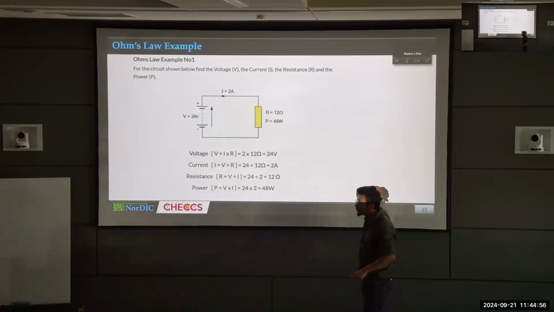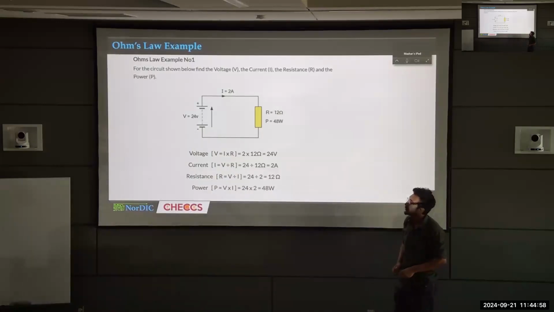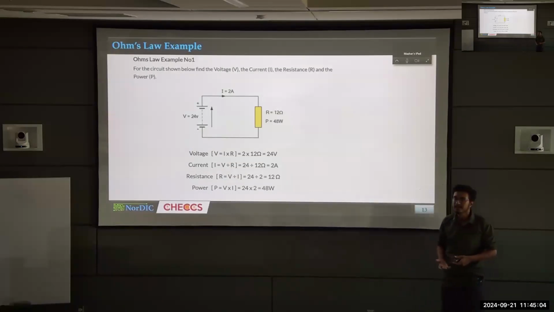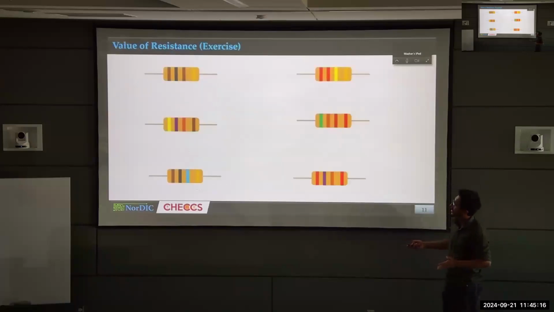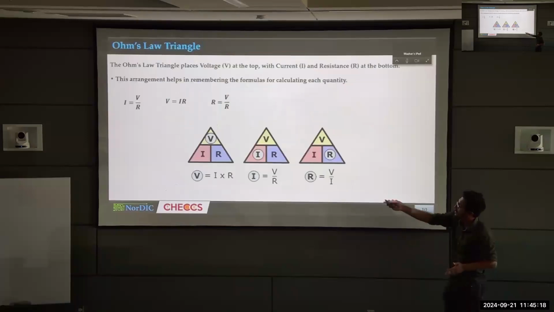Now, if I give you the voltage and the resistance, can you calculate the current? Think about it. We have the relation between voltage, current, and resistance, right? So we can easily calculate from the triangle discussed.